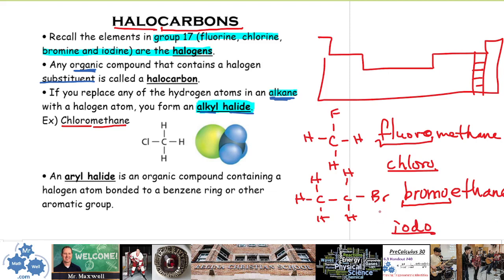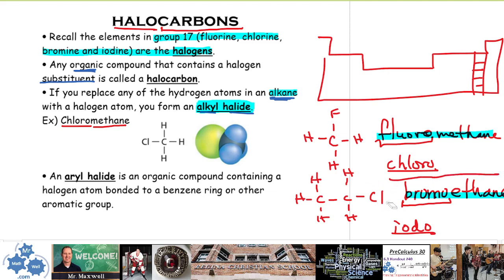What's iodo? Okay. So look at the halogens there. Which one do you think it would be? Well, I've drawn this one and I've drawn this one. Those are just the prefixes for ones that I haven't drawn yet. So if I put a Cl here, that would be chloroethane.